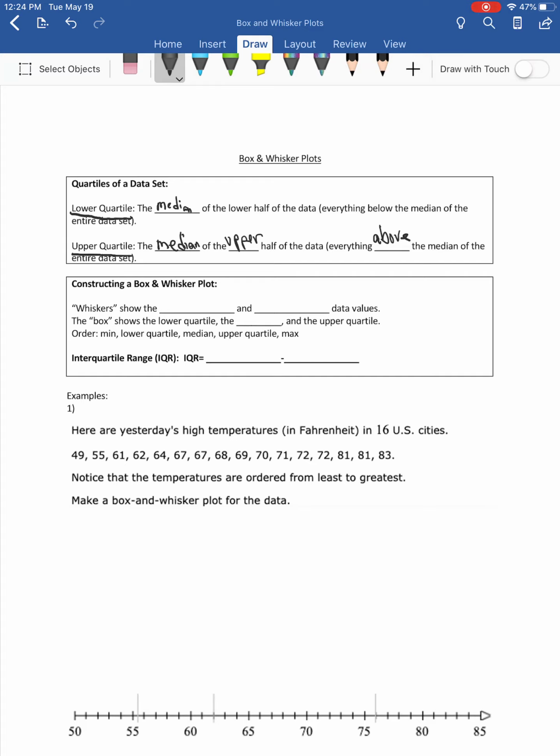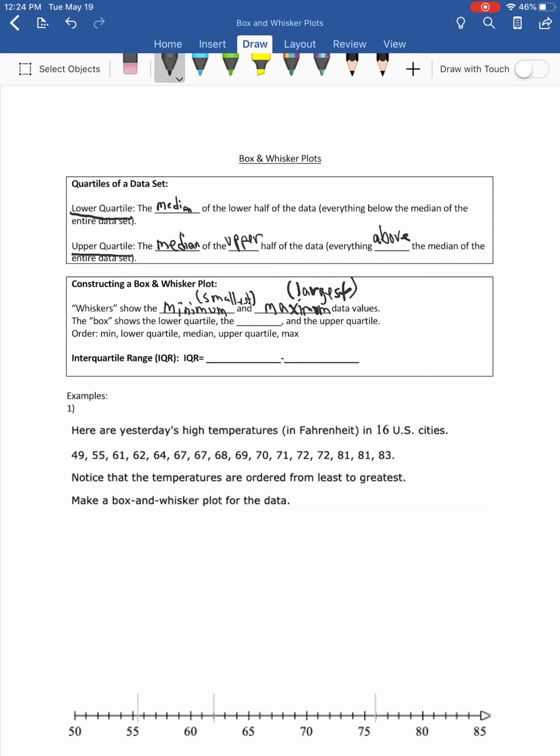Okay, so to construct a box and whisker plot, the whiskers show the minimum, the smallest, and the maximum, the largest data values.